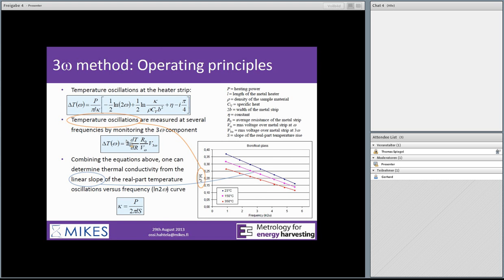If we combine these two equations here, we can experimentally determine the thermal conductivity from this linear slope of the temperature oscillations according to this equation here. So the S here means the slope of the curve.